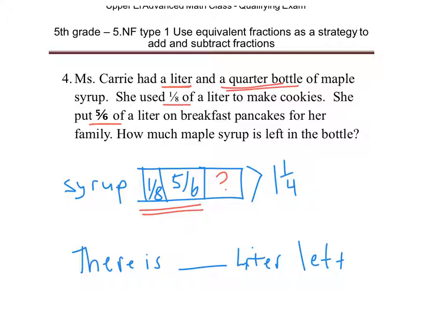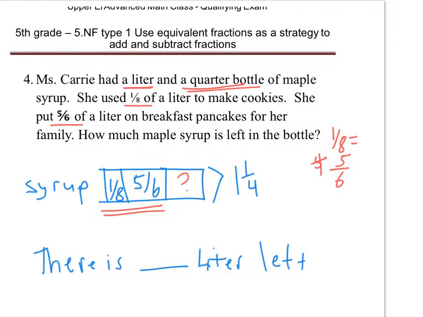So if we want to add up 1/8 plus 5/6, well, 8ths, 16, 24, 6, 12, 18, 24. So let's go to 24ths. One-eighth is 3/24. 5/6.